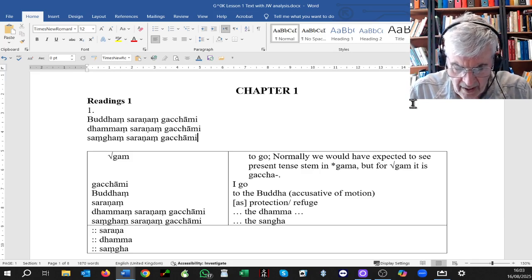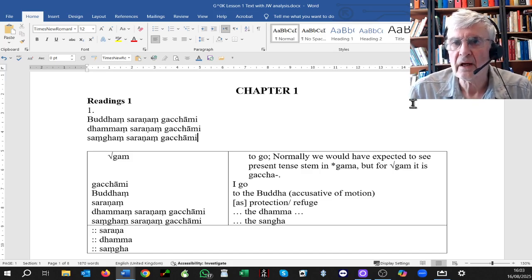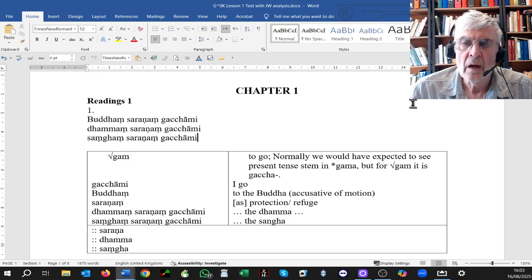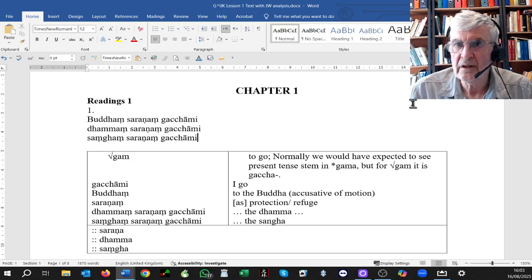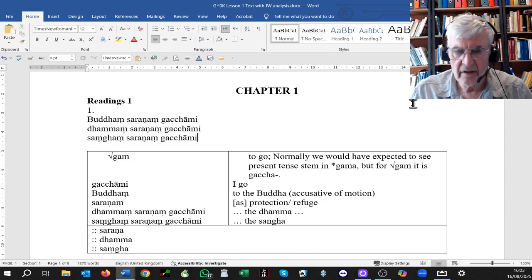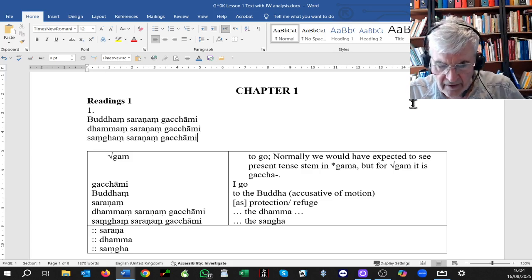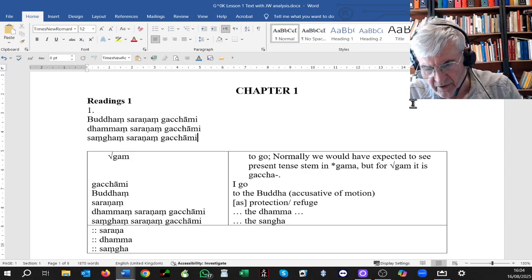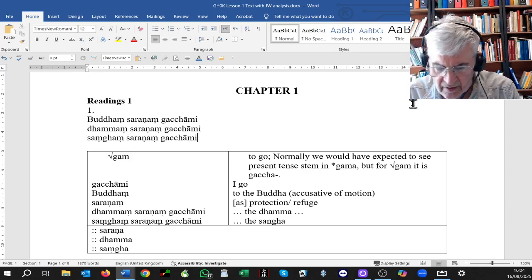So root gam, we would normally expect it to make the meaning to go. We would normally expect it to be gamami. That would be regular. I'll explain another convention used by linguists, particularly in writing grammars and that kind of thing.